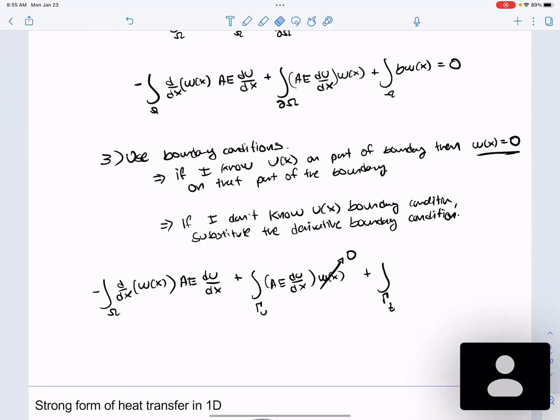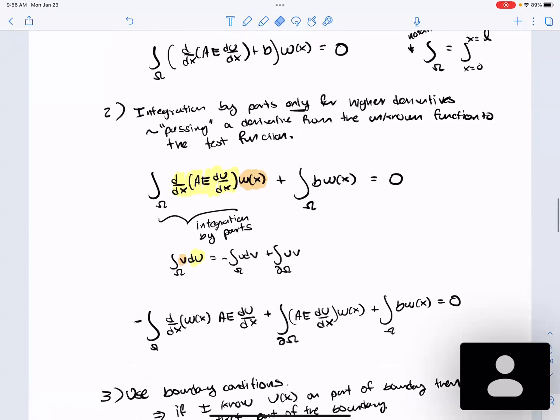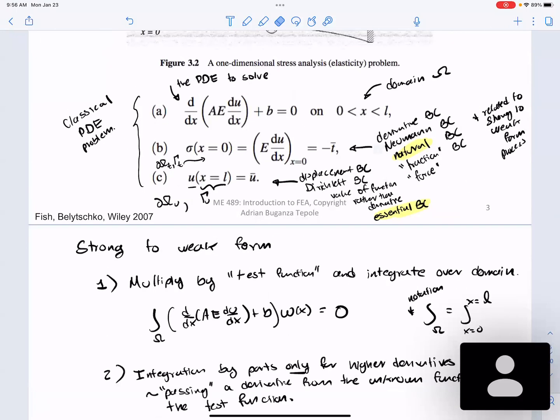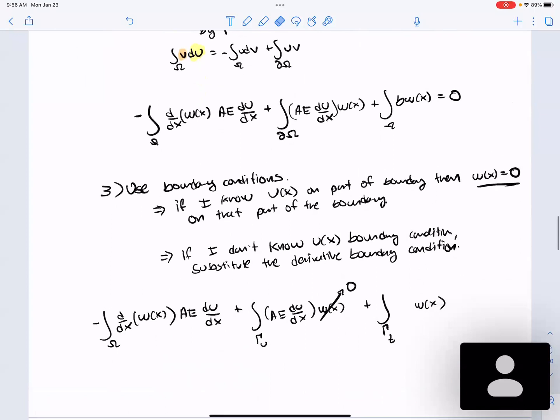For that one, I will keep my w, but instead of AE du/dx, you can see that that's what I have for the boundary condition. So my boundary condition is that E du/dx equals minus t. So here, I'm just gonna have minus area times traction.